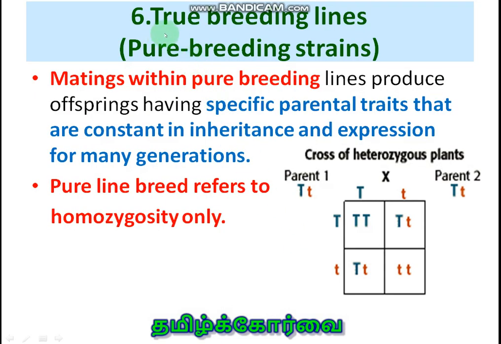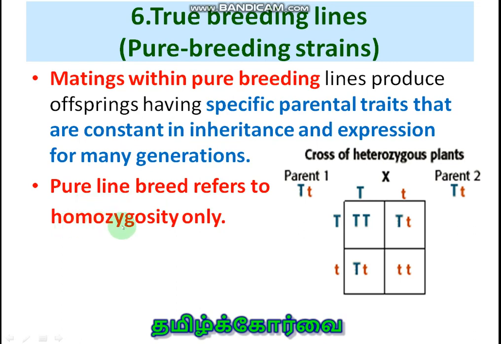So here true breeding and pure breeding continues. Self-pollination is the basis for obtaining the pure breeding varieties. So a specific parental trait becomes constant in inheritance and expression for many generations. So continuously for many generations we will be getting the same trait or same variation, right?